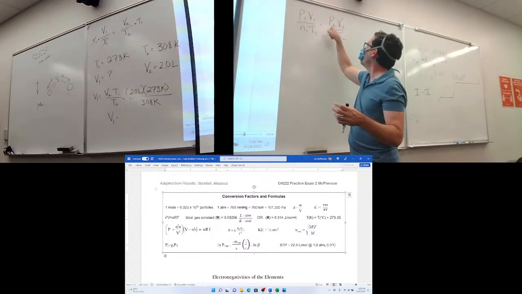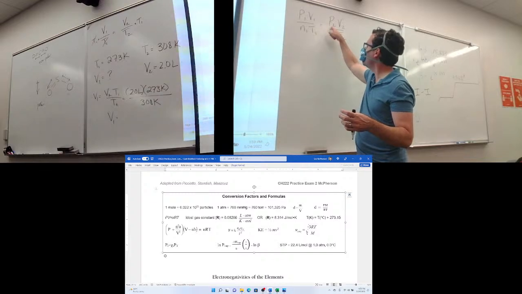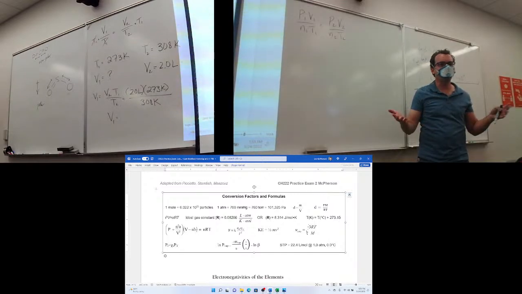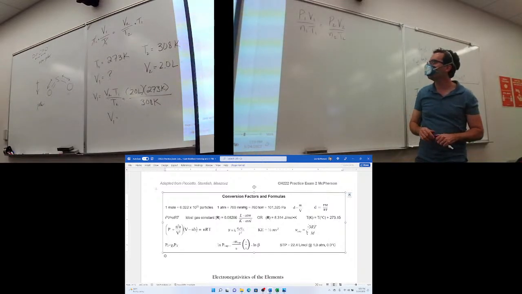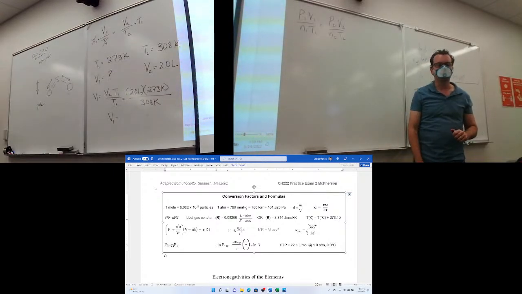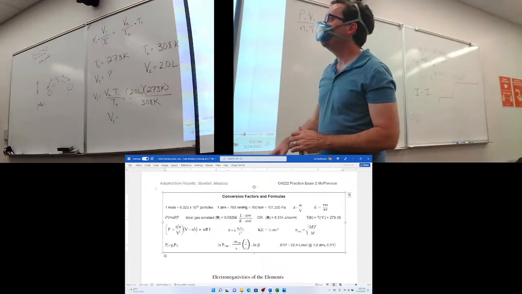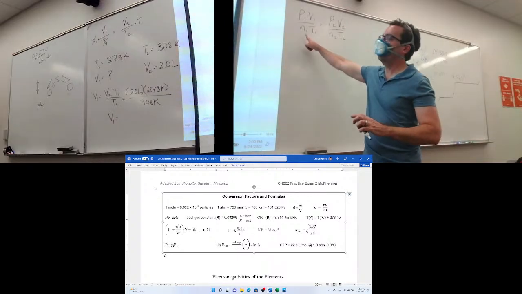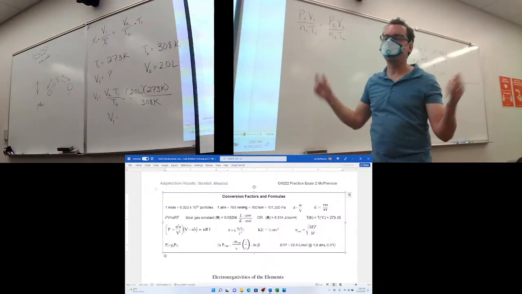So P1 and P2 are the same. And the number of moles was not effectively changing, so N1 and N2 are the same. And you're left with Charles's law. Is that the true combined version? Yeah. Sometimes they leave the N1 and N2 off, but that's the full one.